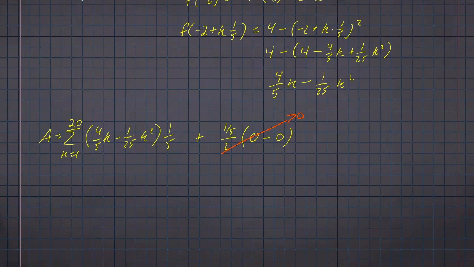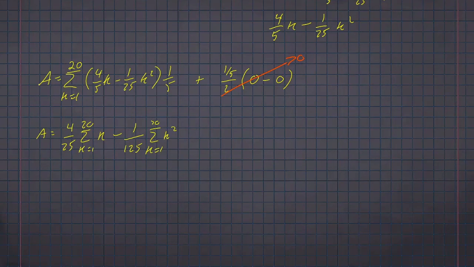Distributing the 1/5 and playing around with the summation here, we have that A is going to be 4 over 25 times the sum, k goes from 1 to 20 of k, minus 1 over 125 times the sum, k goes from 1 to 20 of k squared.